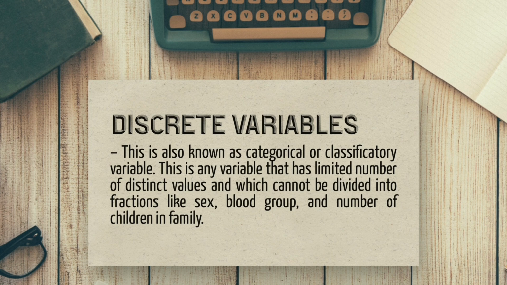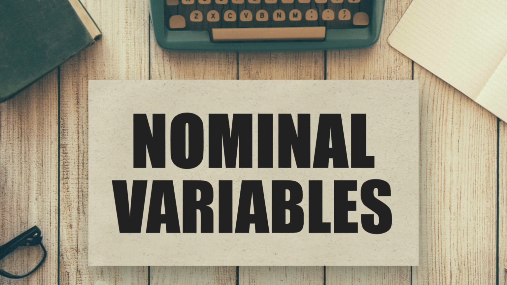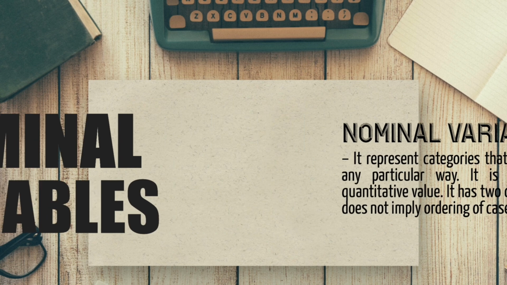This includes sex, blood group, number of children in family. Furthermore, discrete variables may also be categorized into number 1, nominal variable.